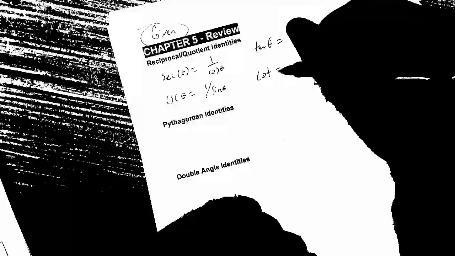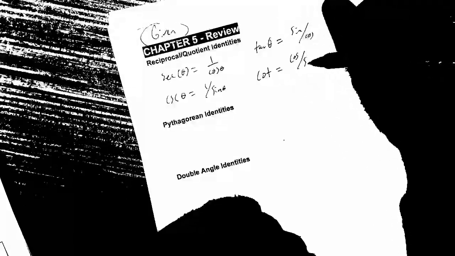What are they? Okay, so we've got reciprocal quotient. That's just saying that secant theta is 1 over cosine theta, and that cosecant theta is 1 over sine theta. Tangent theta is sine over cosine, right? Cotangent is cosine over sine, right?